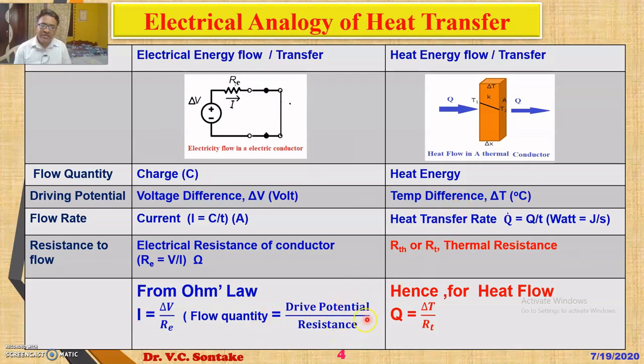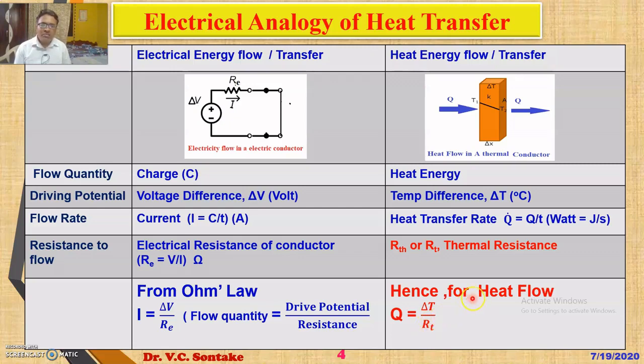Now let us extend this relationship between these three variables to heat transfer phenomena. In case of heat transfer, Q is the flow quantity, delta T is the driving potential, and there exists a resistance RT called as thermal resistance.